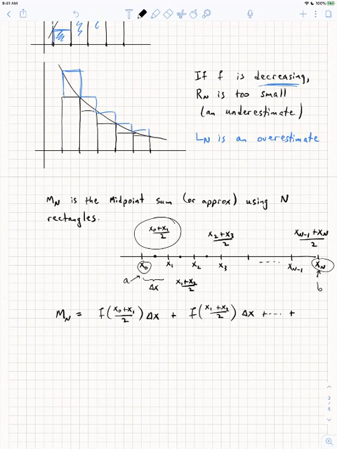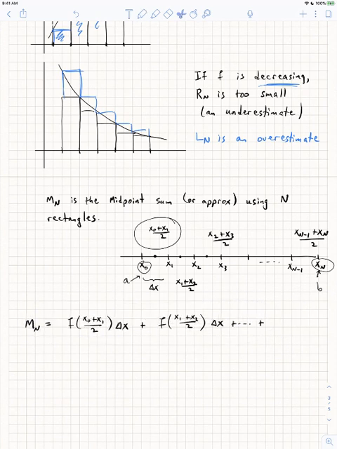Now, in this case, the end is the interval between x sub n minus 1 and x sub n. So it's going to be f evaluated at the midpoint, x sub n minus 1 plus x sub n over 2, times delta x. So this is a very common approximation that's used, especially when a function is neither increasing or decreasing.